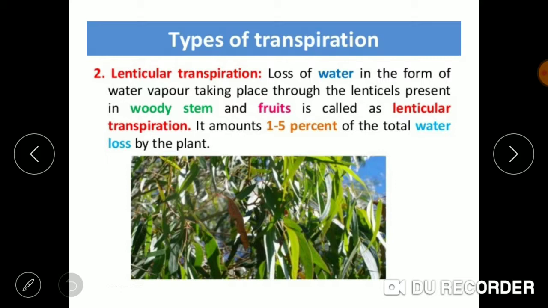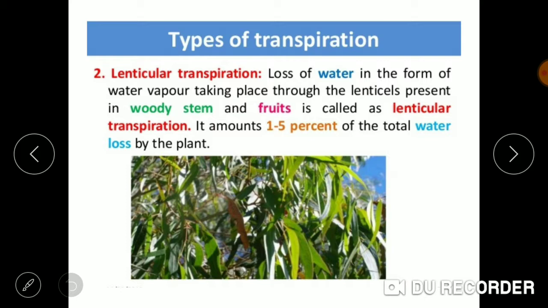Lenticels are small openings which are present on the shoot surface of the woody trees.